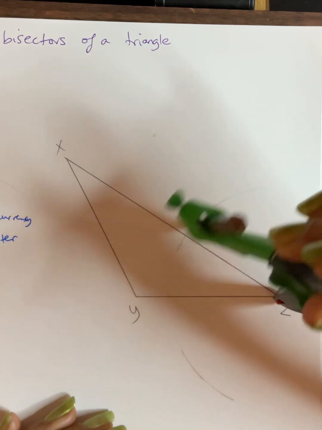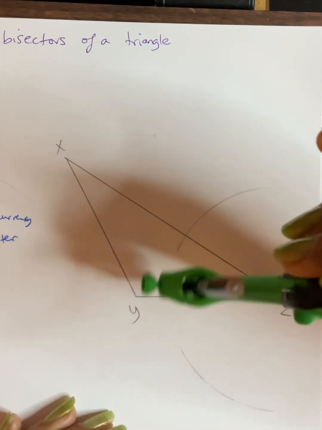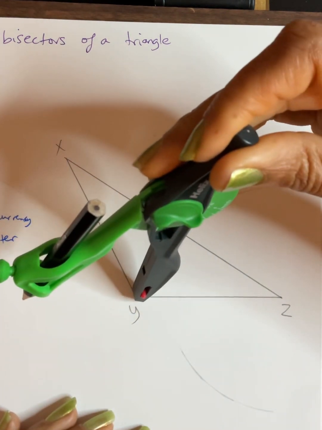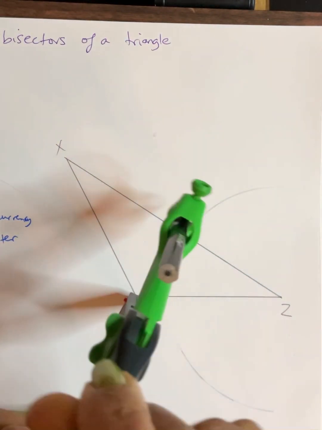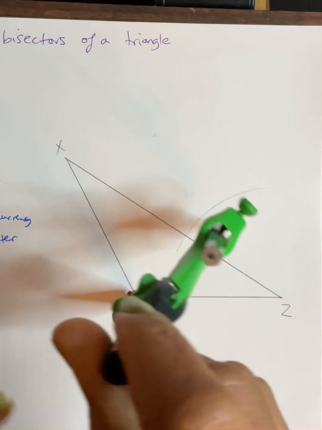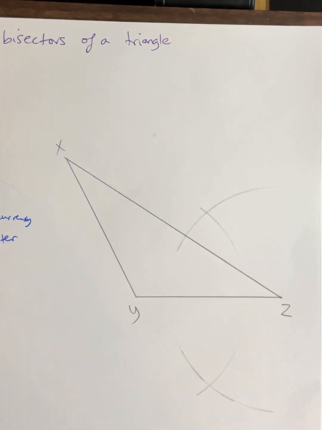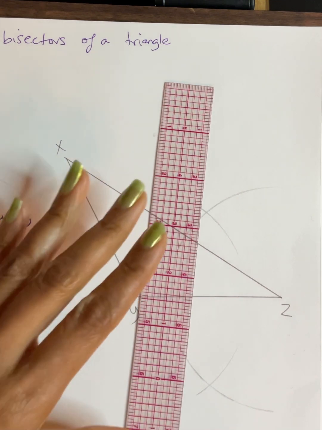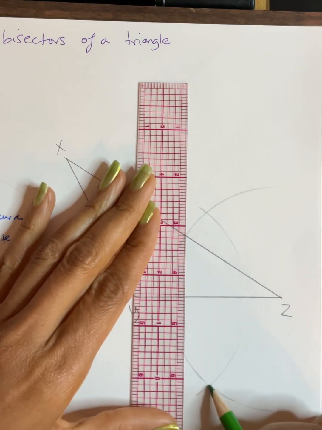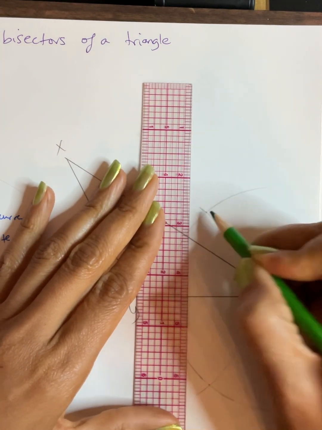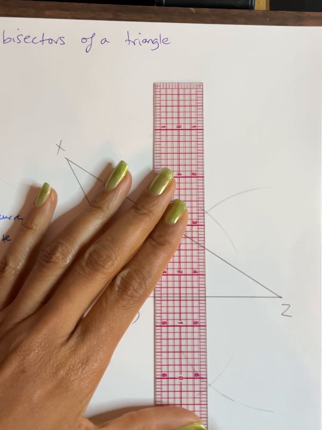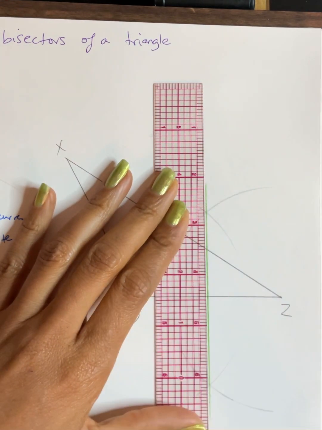I just need really the top and the bottom of the lines, a little bit more than half. Slide the pointer over to Y, and where the two arcs intersect, I am going to put a dot here, put a dot here, and draw a line through.